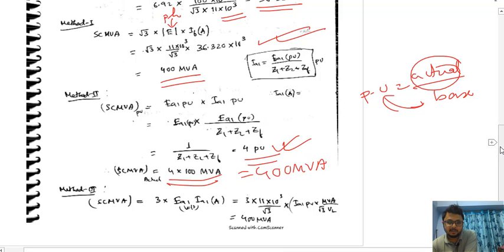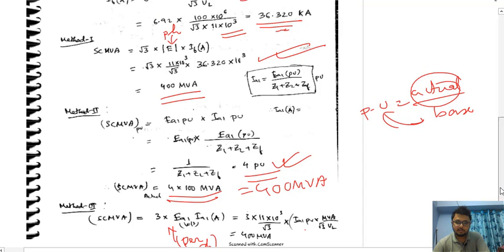And the third method is 3 times EA1 into IA1 in ampere. So this is in volts, obviously not per unit but per phase. So 3 into 11 into 10 to the power 3 by root 3 per phase into IA1. IA1 is how much we got?